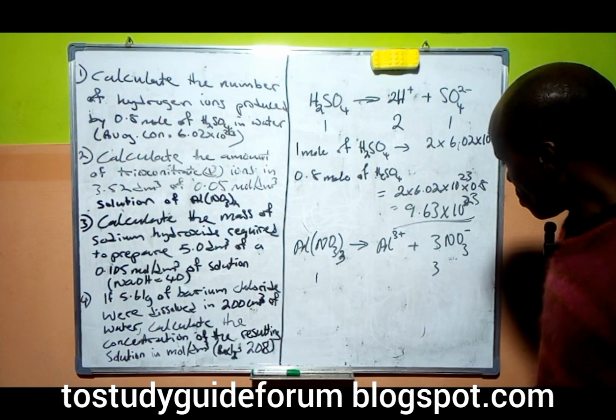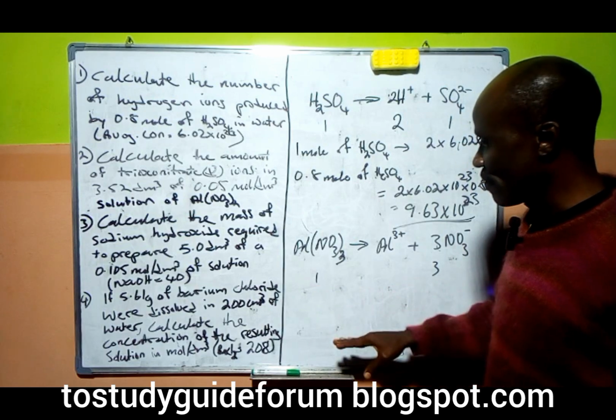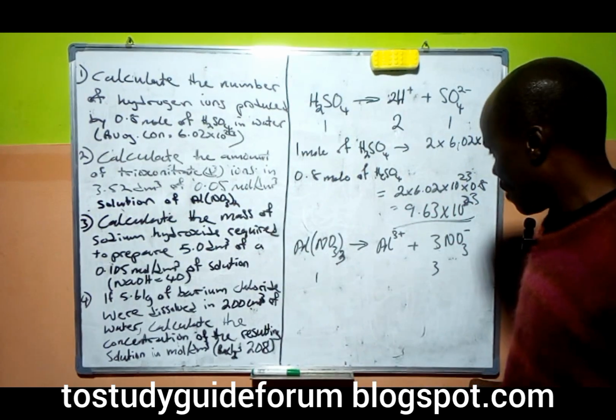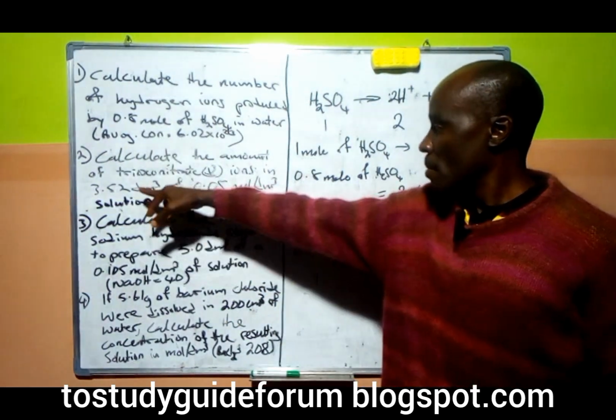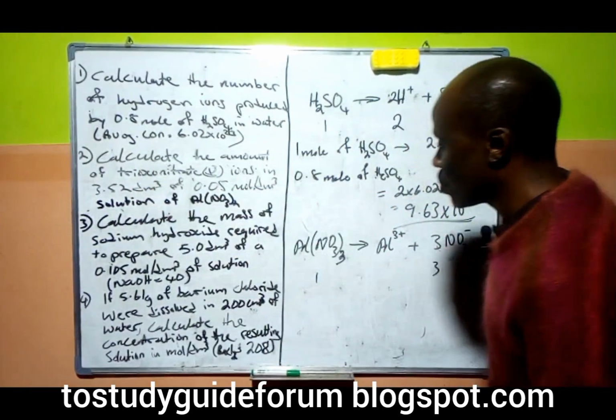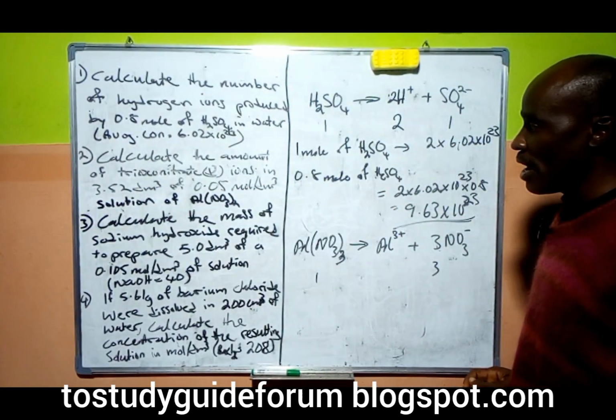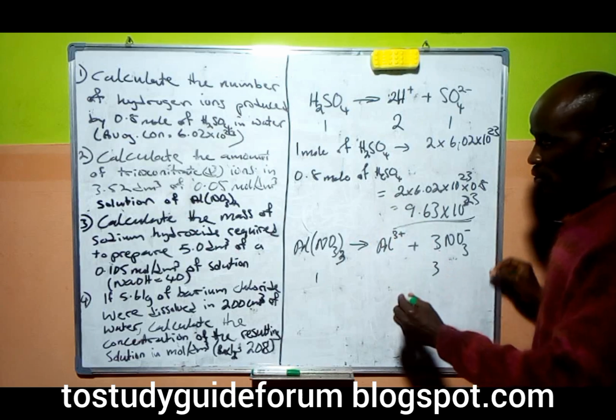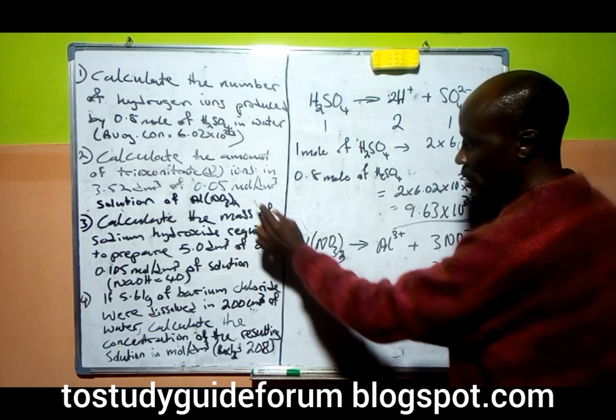So here, as we have seen from what we have so far, we need to find out the number of moles we have there. The number of moles, or the amount that we have there, should be... Now we know that this is per dm cube.